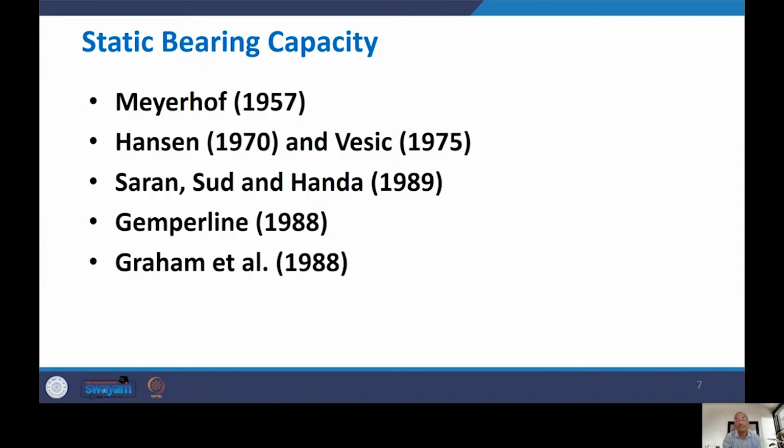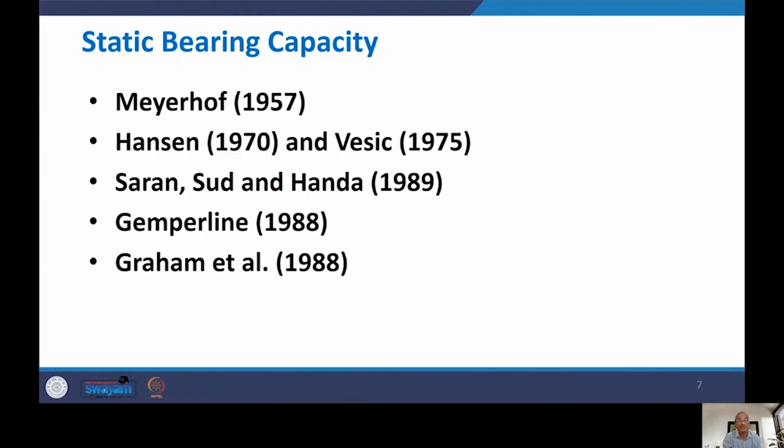Then Hansen and Vesic carried out their work, and the publications of 1970 and 75 came. Then Saran, Sood and Handa, which is from India only, in 1989, presented how the effect of slope can be accounted for when we determine the bearing capacity of a shallow foundation.